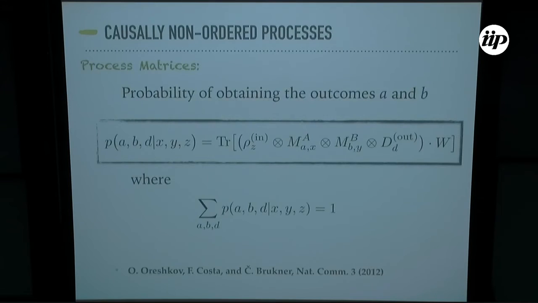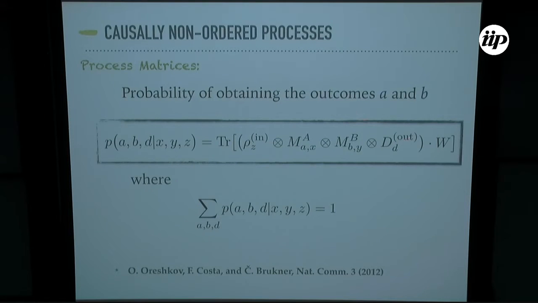So, for example, let's suppose a situation where Alice performs a measurement MA, so she chooses from a possible set of measurements, one that we will label as X, and she will get an outcome A. Bob will perform, on this input state that we choose as Z, a measurement MB, that we will choose as Y, and will get an outcome B, and then we will perform on it a detection operation D. The probability of getting A, B, and D given X, Y, and Z is given through this formula, where this W is exactly this process matrix.